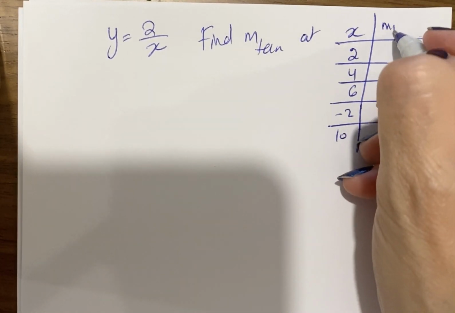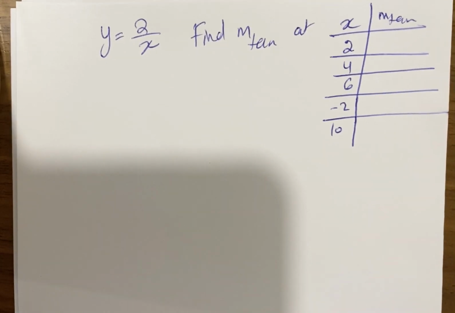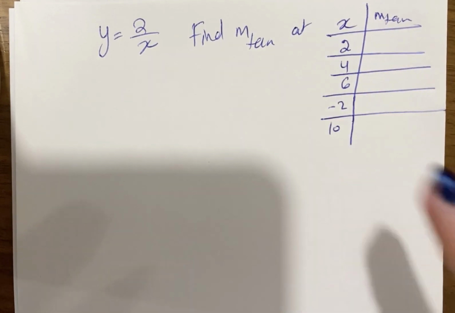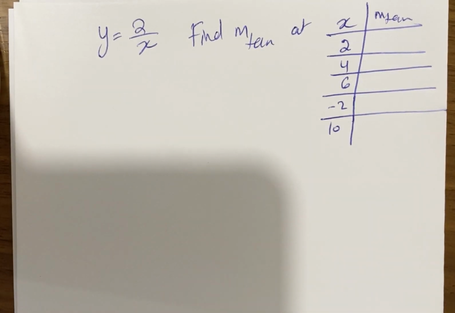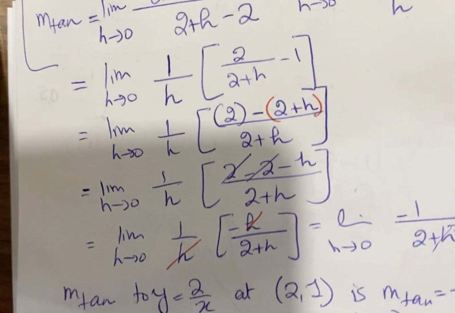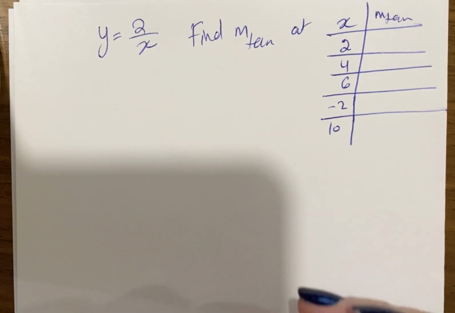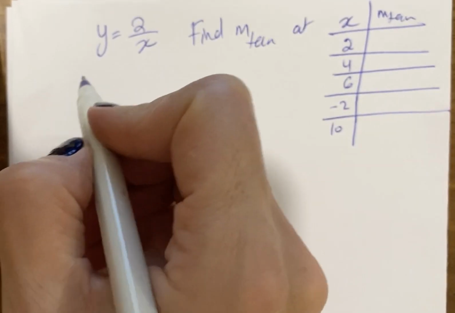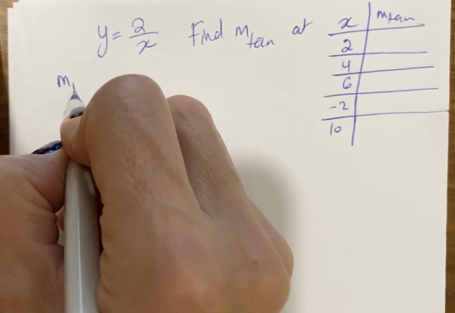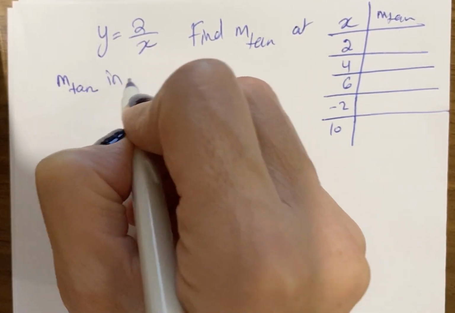What will you have to do if you want to find the slope of the tangent at all of these? You would have to follow what I just did, how many times? 5 times. Is that convenient? No, of course not, because that takes a long time and we keep repeating the same scenario over and over again. That's why in some situations it's easier to find the slope of the tangent in general.